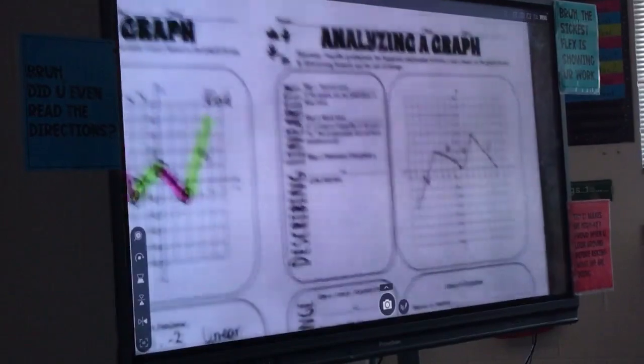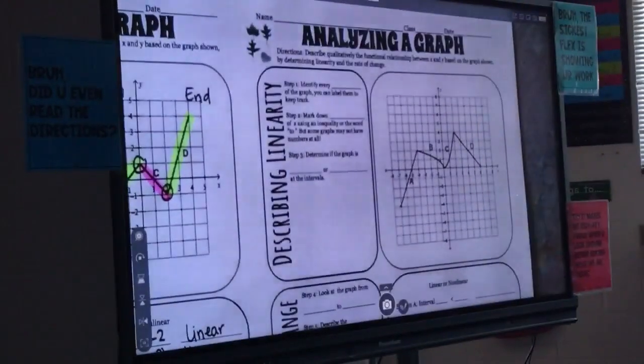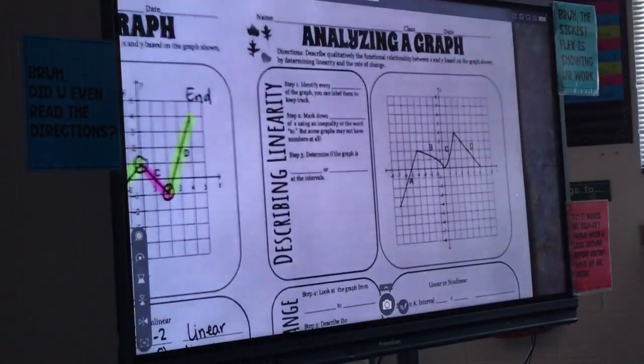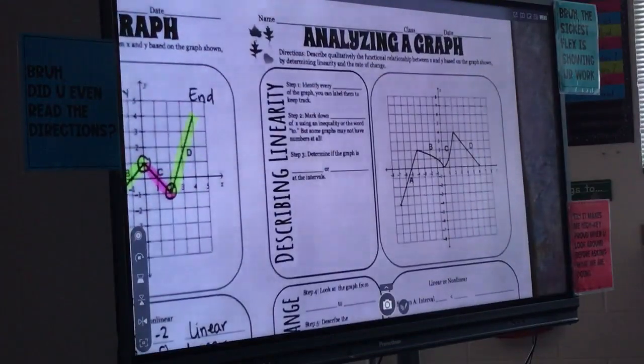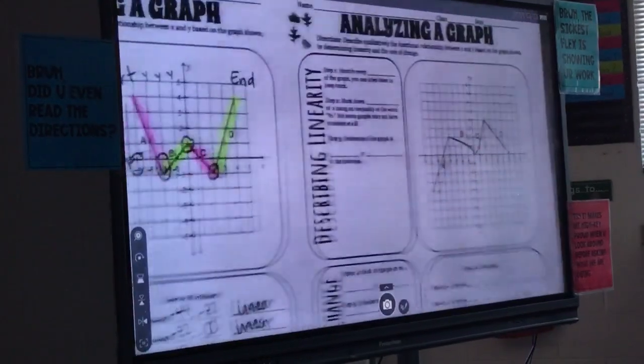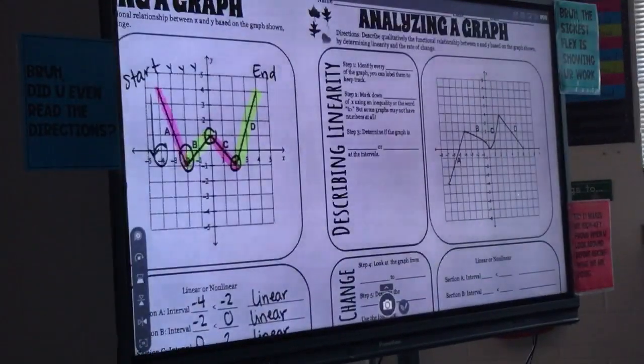Looking at that graph compared to the first graph we did, what do you already notice that is different? Sebastian? There's non-linear lines. Right, and how do you know they're nonlinear? Because they're curved. All right, so that's going to be something different from the first one that we did.